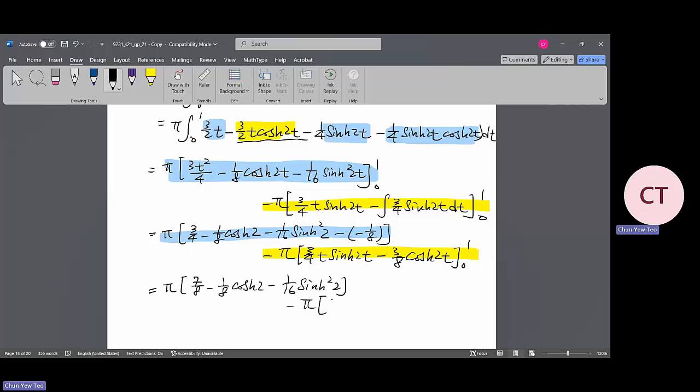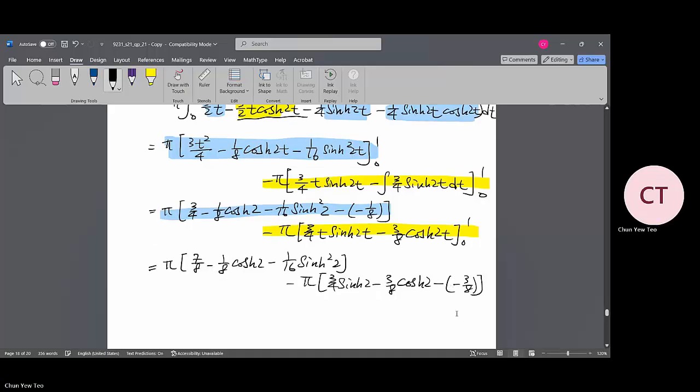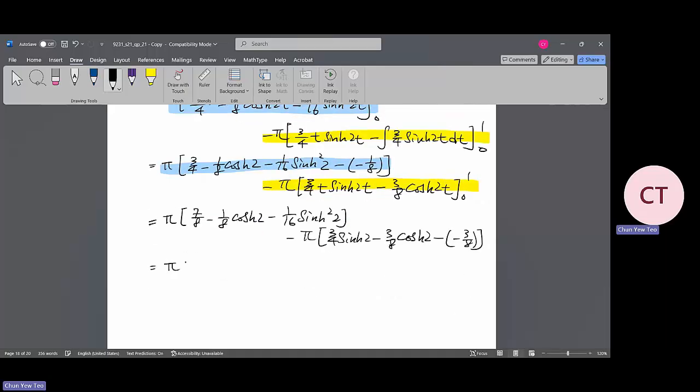If you put 1 inside, you get 3/4 sine 2 minus the 3/8 cos 2 and minus with the negative 3/8. Now by combining everything together, this and this combine together, you get 10/8. And this and this combine together, you get a half minus half cos 2.